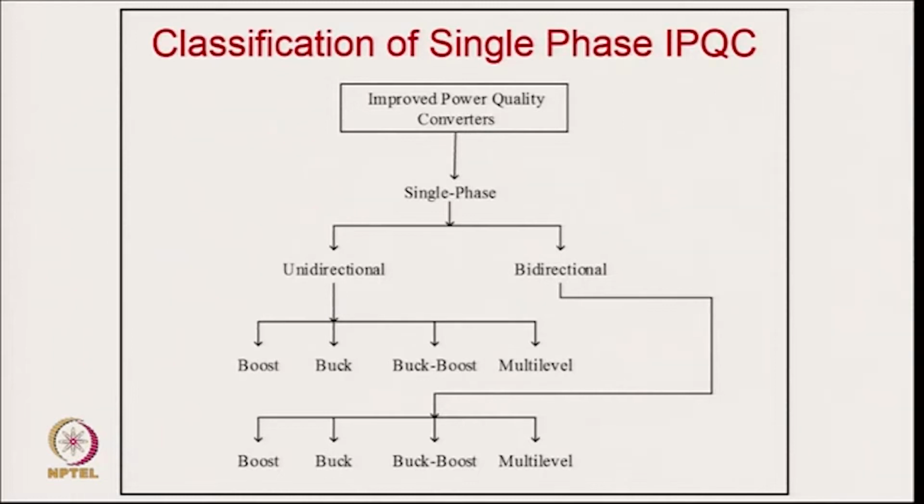Unidirectional converters are used in most of the applications where you require only unidirectional power flow. Typical examples, which we already talked about, are air conditioners, refrigerators, washing machines, ceiling fans and welding machines; all these are unidirectional power flow.